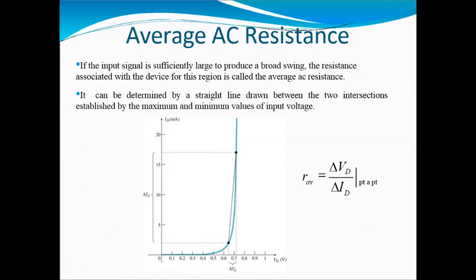In this diagram, delta ID is on the vertical axis and delta VD on the x-axis. Voltage is always taken on the x-axis, and current on the y-axis. So average resistance equals delta VD by delta ID at the point.